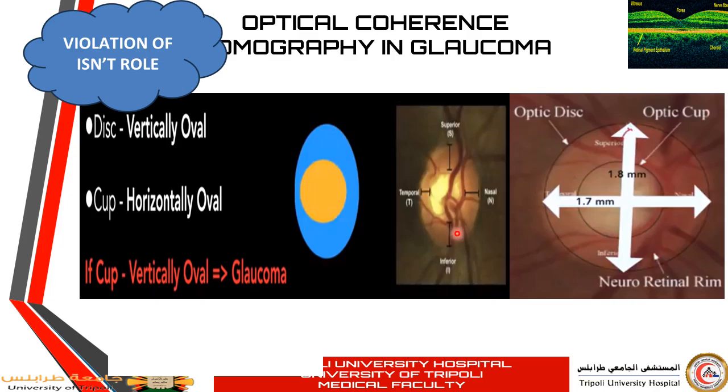So at that time, it makes the optic cup more vertically oval, with changes in the thickness of the inferior and superior poles. Okay, so this is called not obeying the ISNT rule, or violation of the ISNT rule.